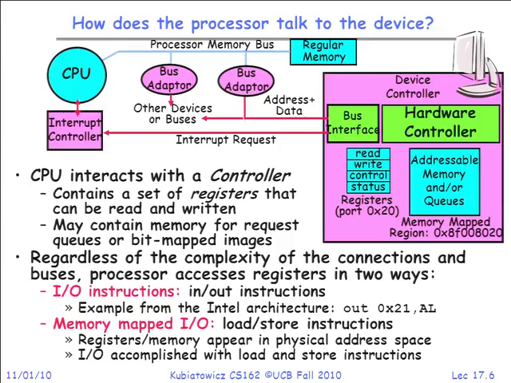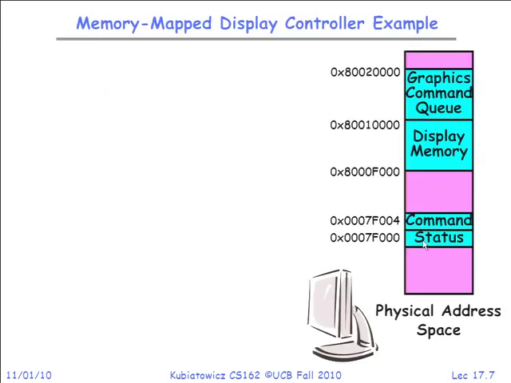So let's take a brief look at how this might work. Here is a typical physical address space for some device, and notice I've got registers, so we're going to ignore the I/O devices for a moment. I've got registers like status and command registers, which are part of the physical address space. And then I've got a bunch of memory, which is another part of the physical address space.